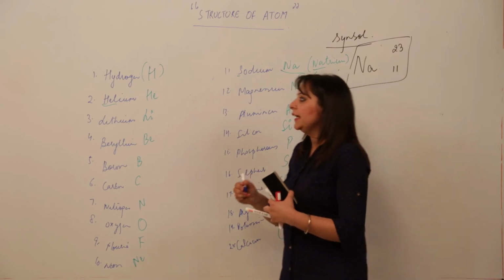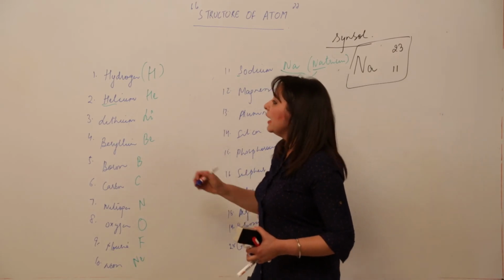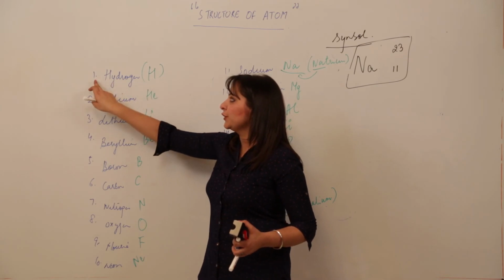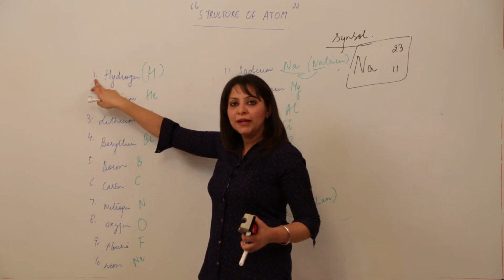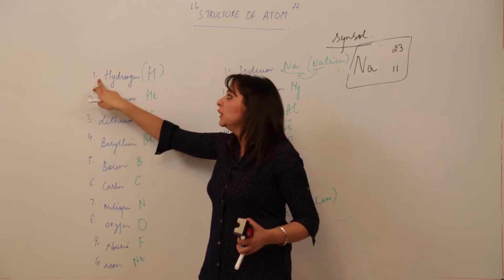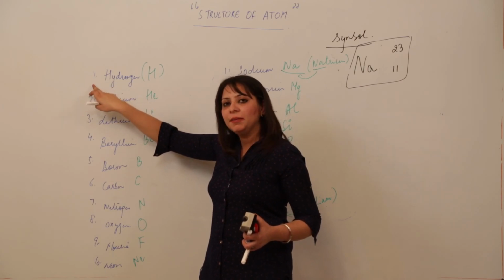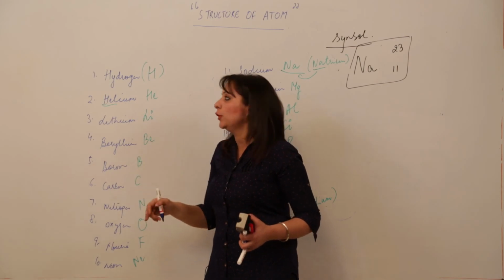Now if we write the electronic configuration for them, I am writing the electronic configuration by looking at the atomic numbers. As we know, atomic number is 1, so proton is 1, electron is 1. So I am considering the atomic number as the number of electrons and I am writing the electronic configuration.